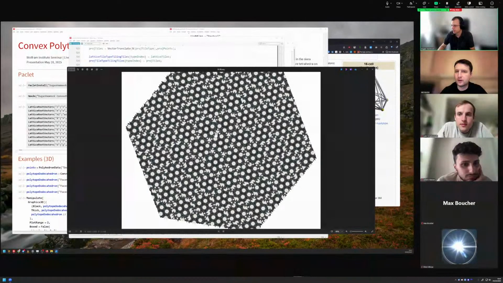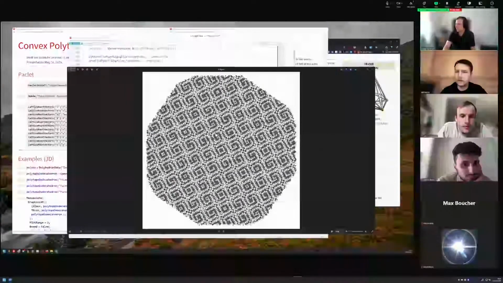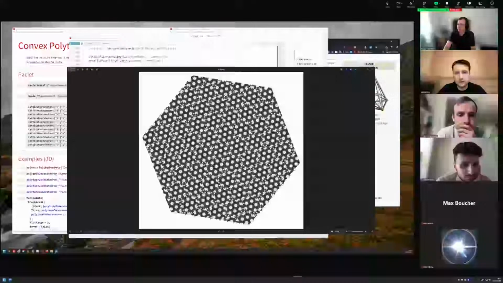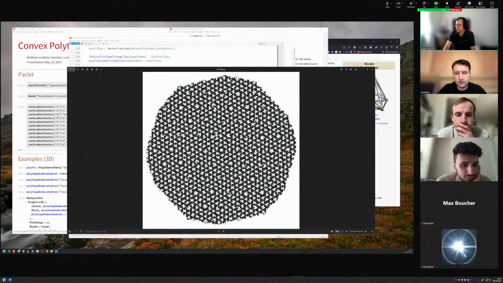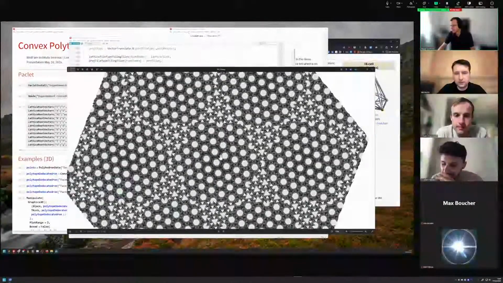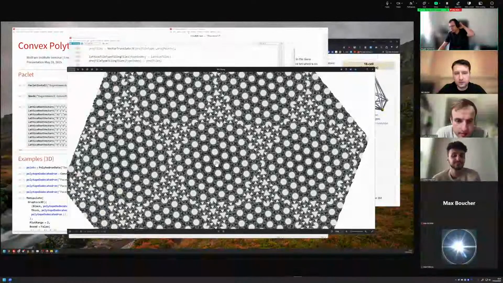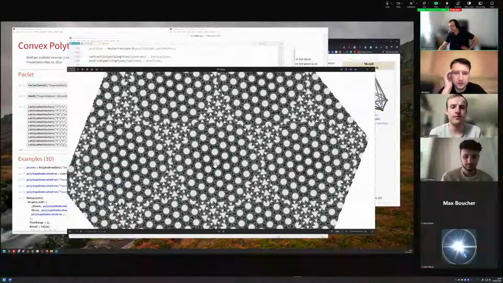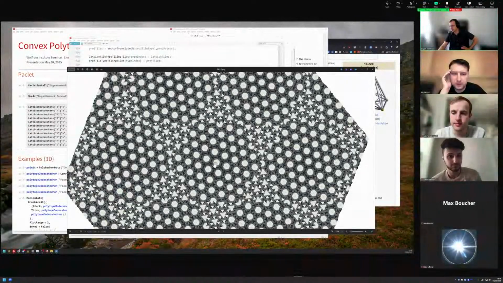So yeah, I don't know if it's going to be something like this or something like this, but these are cut-and-project tilings out of the same E6 lattice. This one is one of my favorites. You have regions of triangular, basically you have hexagons made out of equilateral triangles.